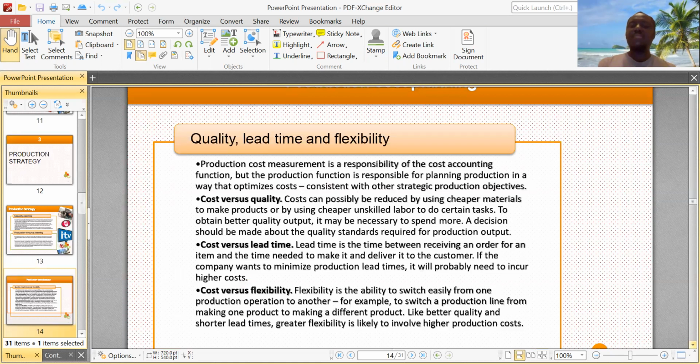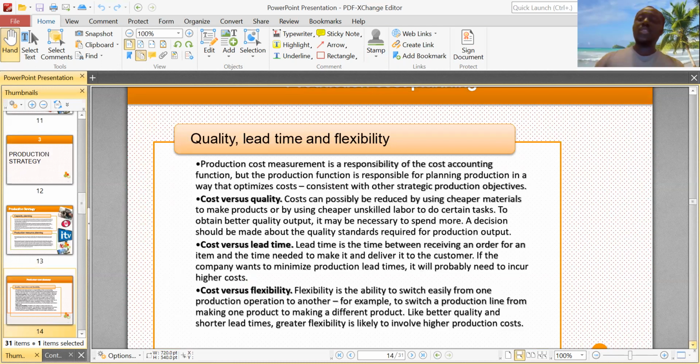Now let's talk about cost versus lead time. Lead time is the time between receiving an order for an item and the time it's actually delivered to the customer. So it's order time versus delivery time. That's the lead time. So if the company wants to minimize production lead times, it will probably need to incur higher costs, because you have to invest into quick delivery and quick turnaround.